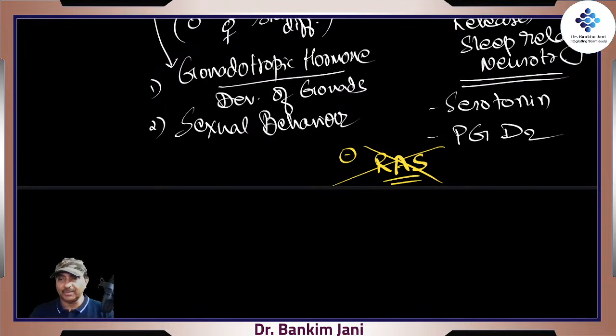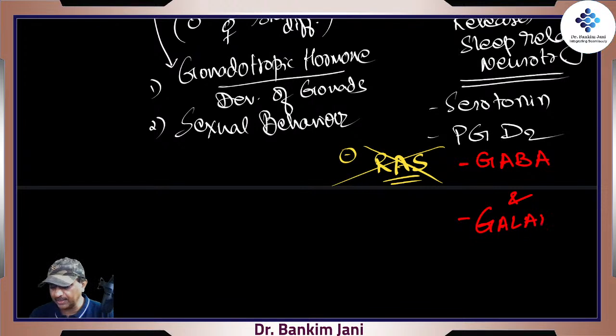One, it will require an inhibiting neurotransmitter, right? So best is what? GABA, gamma aminobutyric acid. So that is what is used. But then there is another one which is special for him, and that is called galanin. This galanin is special.